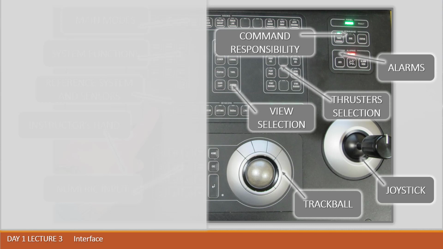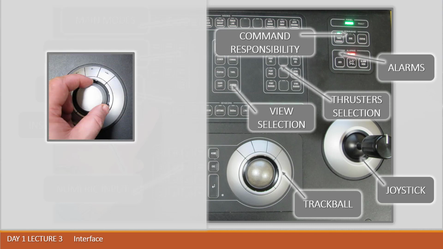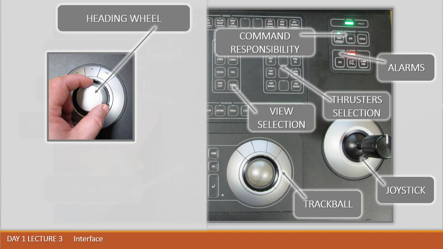Also, on the left side of the panel, we have the heading wheel, which helps us control the heading in any automatic mode such as auto position, auto track, autopilot, and so on. The middle click on the heading wheel, when you are in auto position or any other auto mode, calls the appropriate heading change menu.